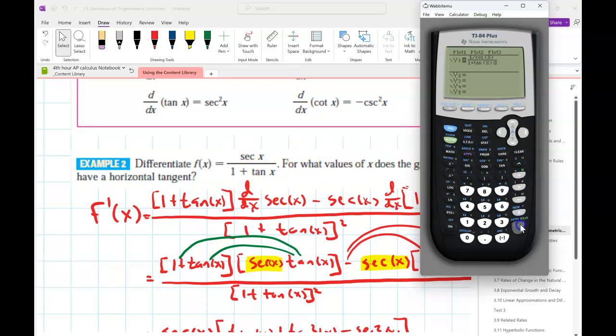So I've typed that in. I'm going to exit out of here. I'm going to press the math button and scroll down to the bottom and look for this nDeriv. What's that symbol notation starting to look like? A derivative. So I'm going to differentiate with respect to x.